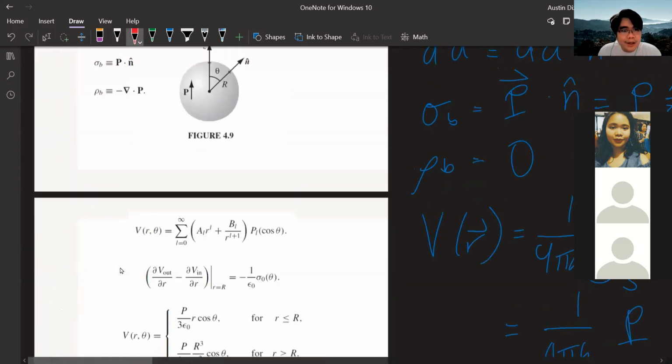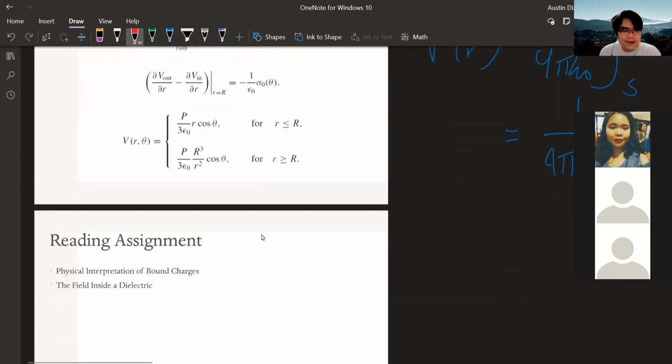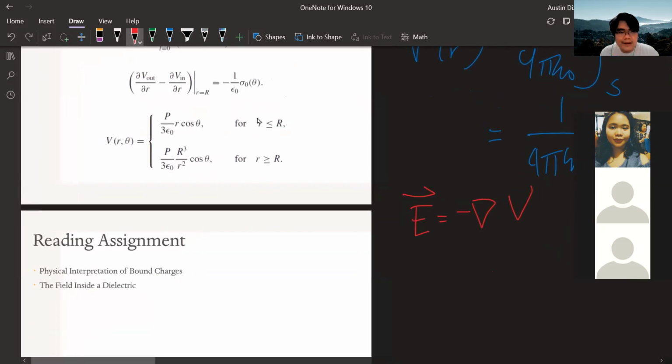Of course, the field is what we need to get. Okay, so ang field mo will be just the negative gradient of your potential. So dalawa yung electric field mo, inside and outside. Okay?